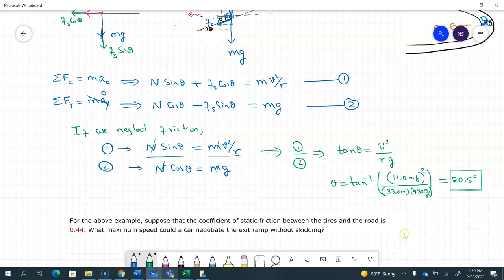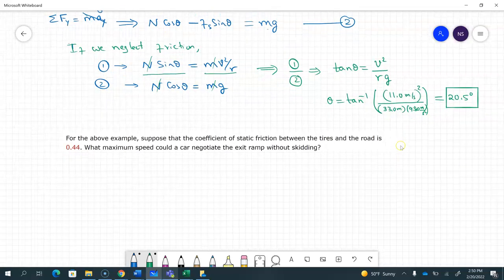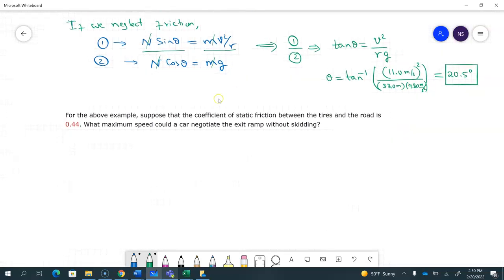So now that we have that, the second part of the question is this. For the above example, suppose that the coefficient of static friction between the tires and the road is 0.44, right? So this is your mu sub s that's given. For the above example means, take theta to be 20.5 degrees. That's what they're saying.